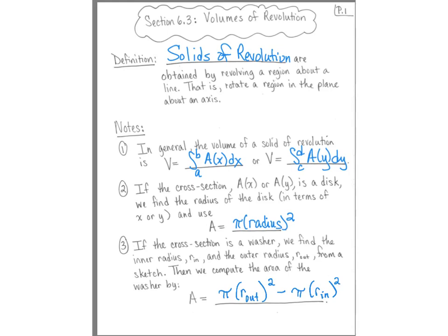Not r times n, r sub in to denote inner. So in other words, you have your washer where from here to here you have your outer radius, and from here to here you have your inner radius. Okay? So that's what's going on.